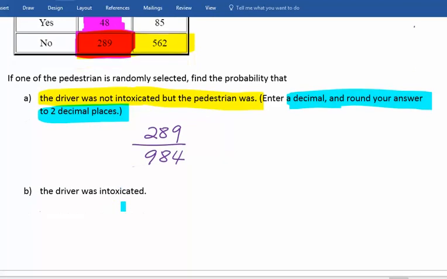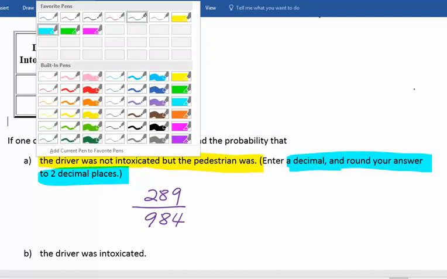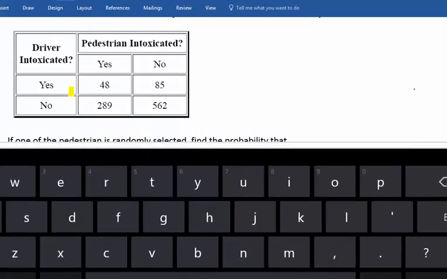The second question, we would like to find the case when the driver was intoxicated. So let me erase the highlighter. When is the case the driver was intoxicated? This is the case.